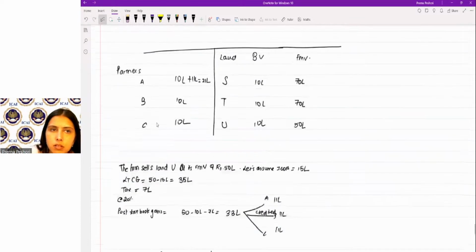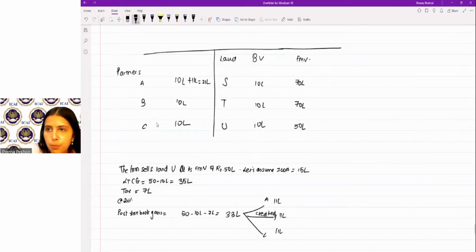40 lakh. So here instead, if you want to avoid confusion, we can remove this part. You can just remove it, and instead you can make it just 21 lakh, and you can just remove this U altogether.